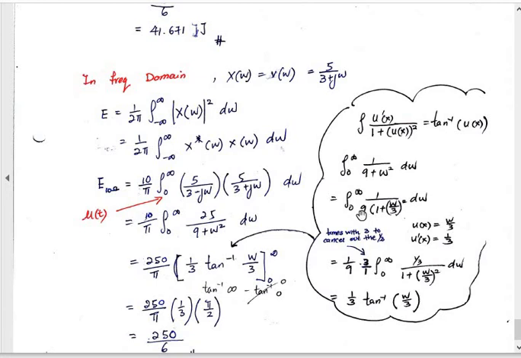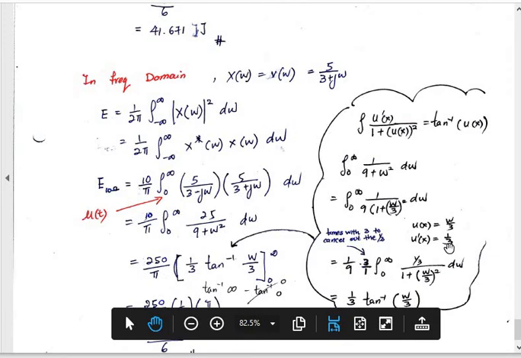I factorize it, take out the 9, so I left 1 plus omega over 3 squared. From here, you know that u of x is omega over 3, and u prime of x is equal to 1 over 3.